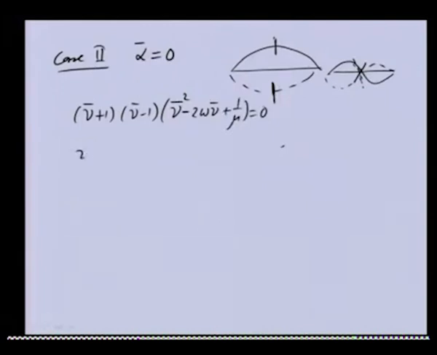So, this is giving us, for the first two, nu is equal to plus minus 1, and the second one is giving us this expression.